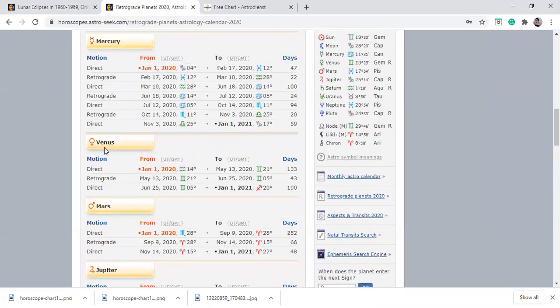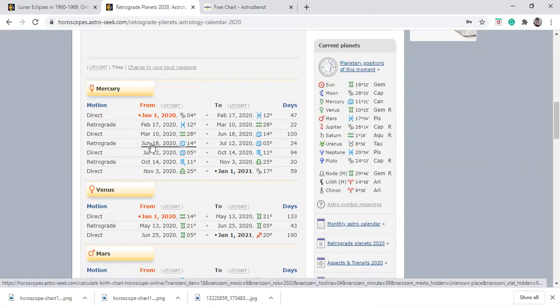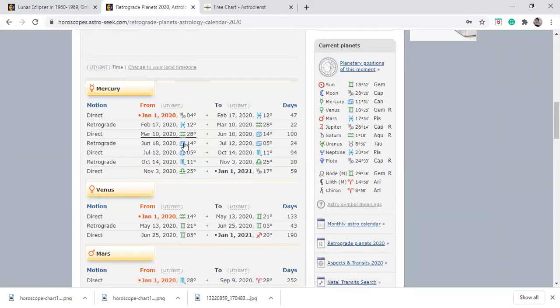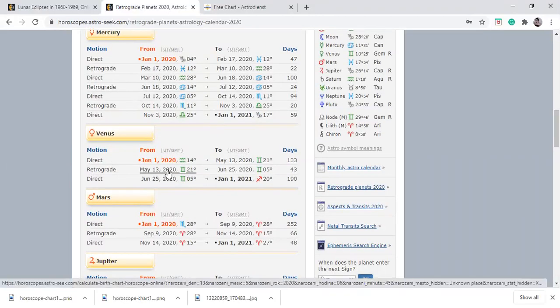At the moment, Mercury is going to go retrograde the next time on June the 18th, 2020, until July the 12th, 2020, and it tells you the degrees. Venus is currently retrograde, May 13th, 2020, until June the 25th, 2020. Goes back to 5 degrees.